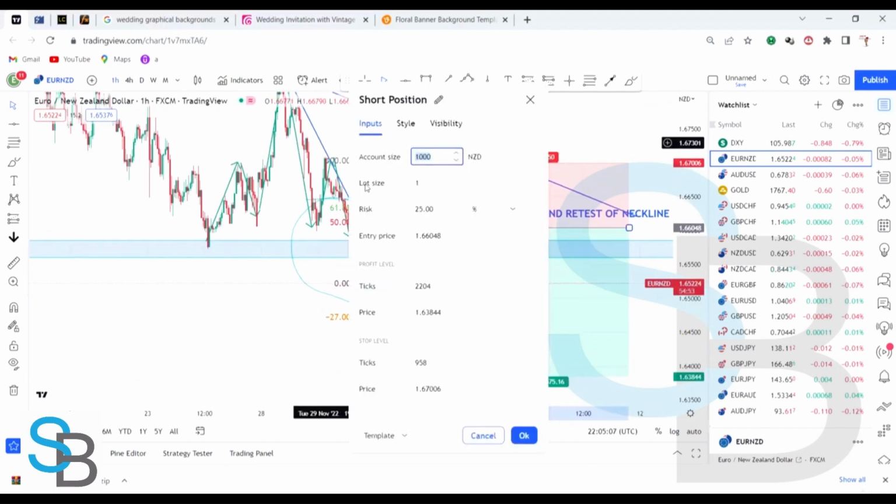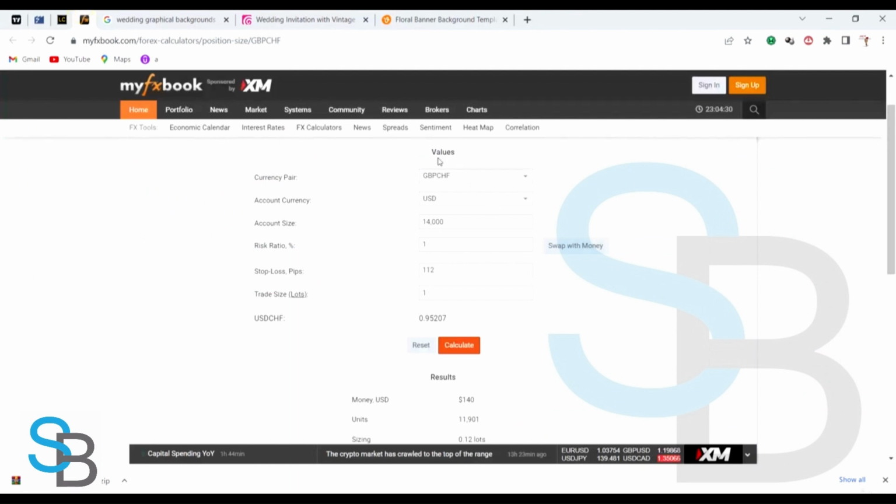Double click, and let me do the position sizing for Euro NZD. My account is not $14,000, sorry, it's $1,000.